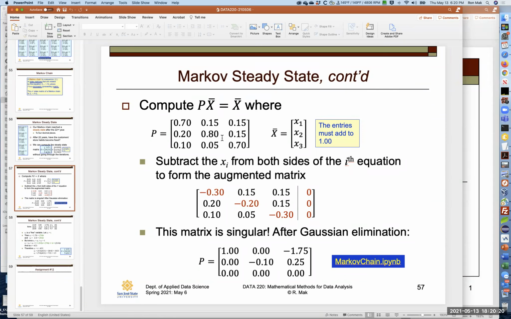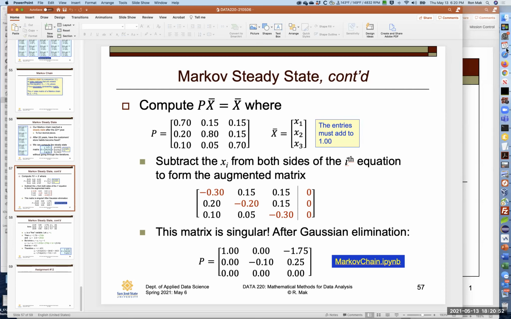Subtract x2 from both sides, so it's subtracted from 0.8 and you get minus 0.02. Subtract x3 from both sides, and you end up with minus 0.3.